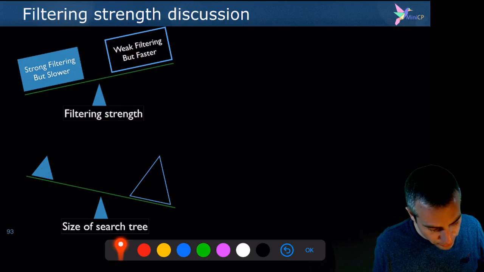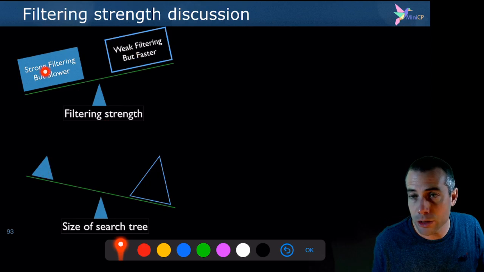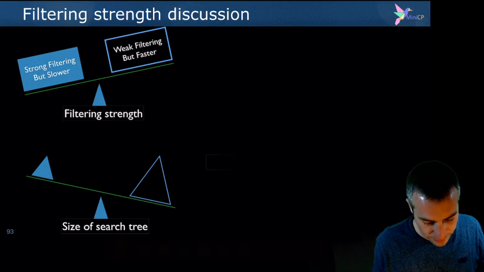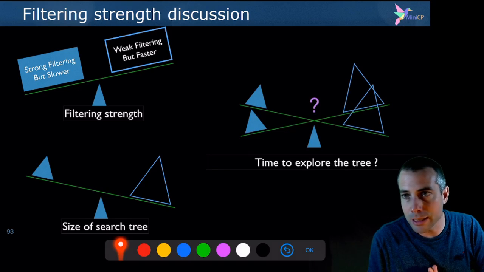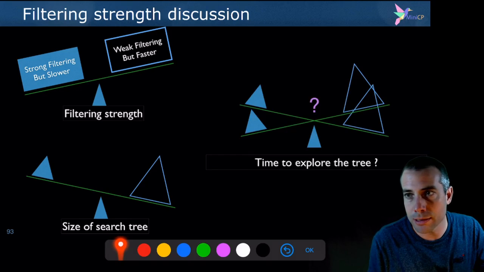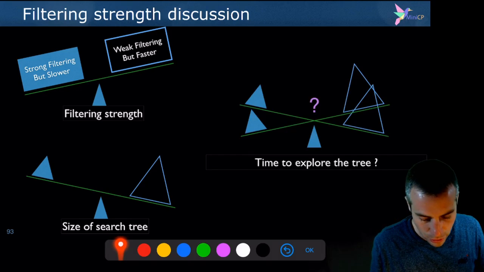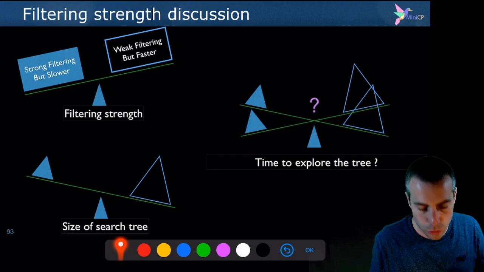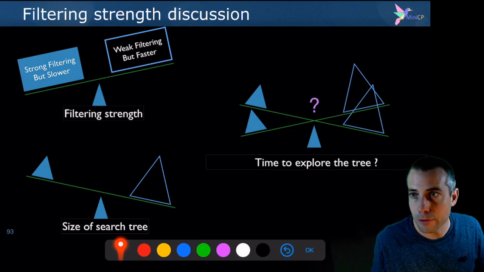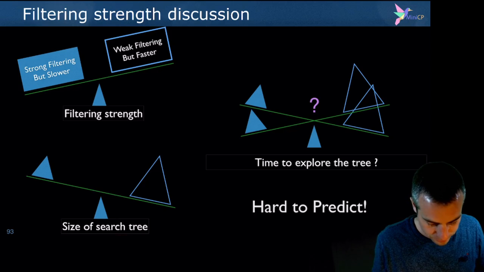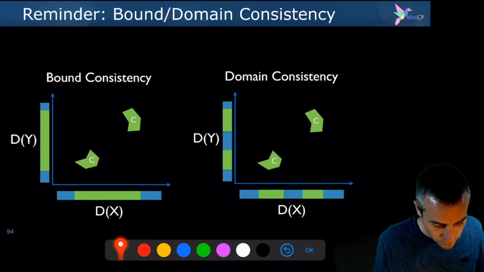But if you multiply the size of the search tree by the time that you spend in each node, it's not clear which one is the winner. And so usually it's more an experimental decision. You just experiment with some instances of your model, and then you try to tune which is the best choice in terms of filtering strength for solving your model. So it's hard to predict.